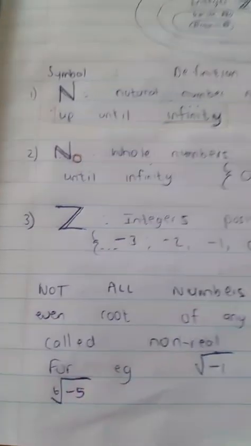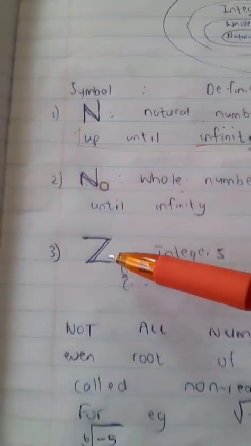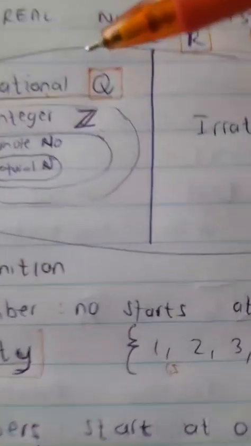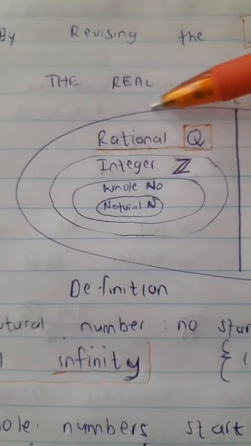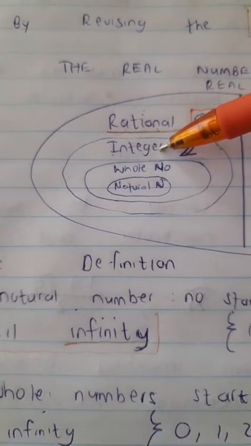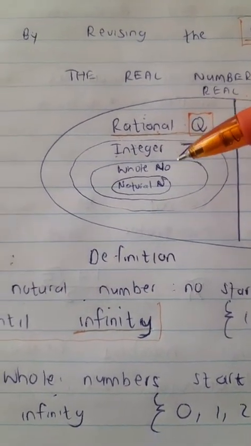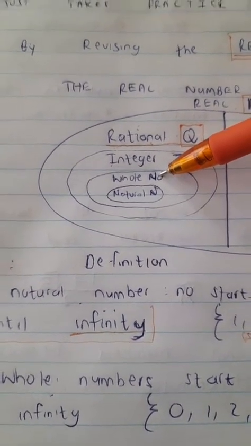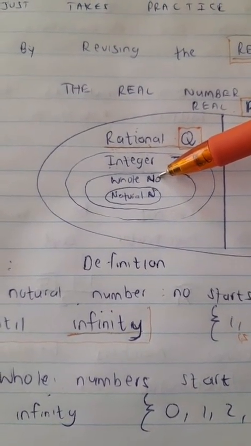Okay, let's go on. Now guys, I've just explained natural numbers, whole numbers, and integers. And remember, these are the numbers that we include in our rational number family. Rational numbers include integers, which we've learned are both positive and negative whole numbers. They include whole numbers, which are numbers that start at 0 and increase by 1 up until infinity.